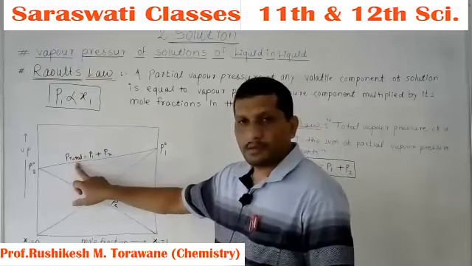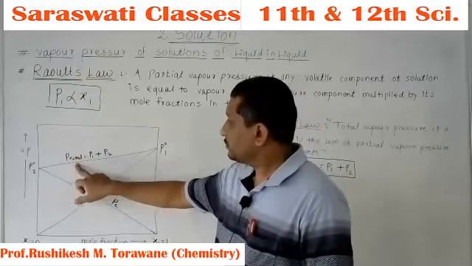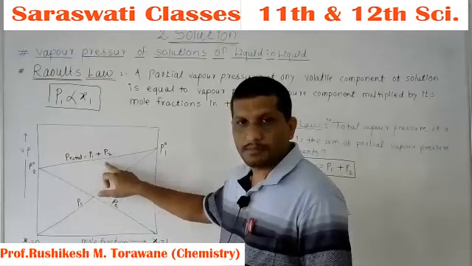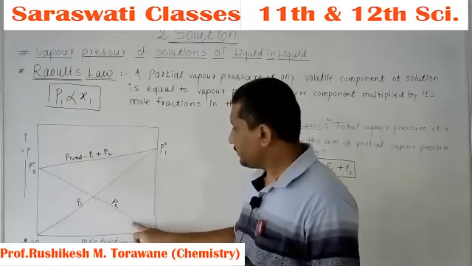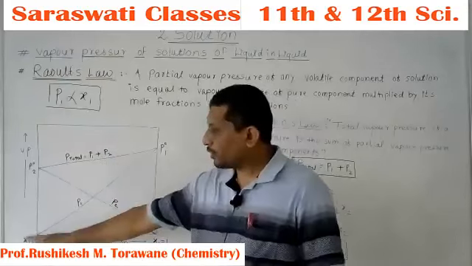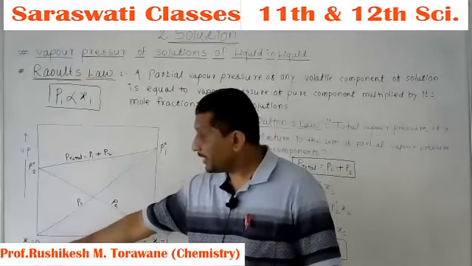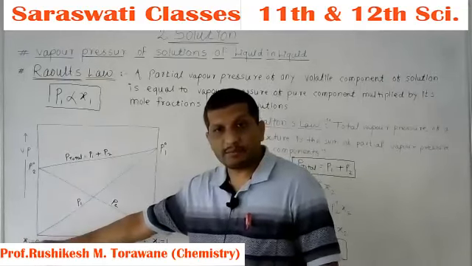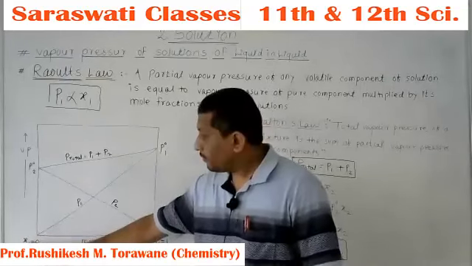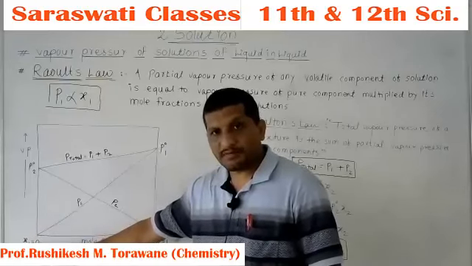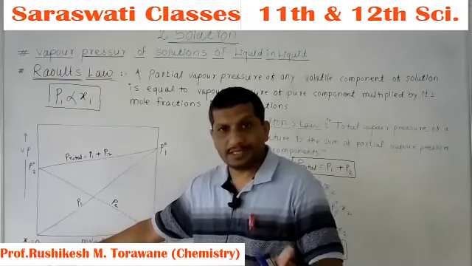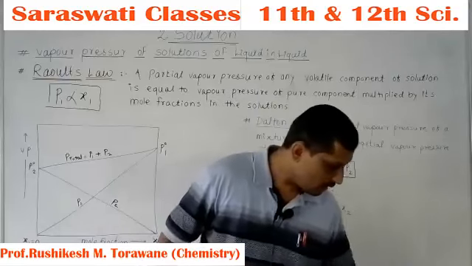The total vapor pressure is P1 plus P2. Here is the origin of P1, where the mole fraction x1 is 0. Then, when evaporation starts, we get the graph.